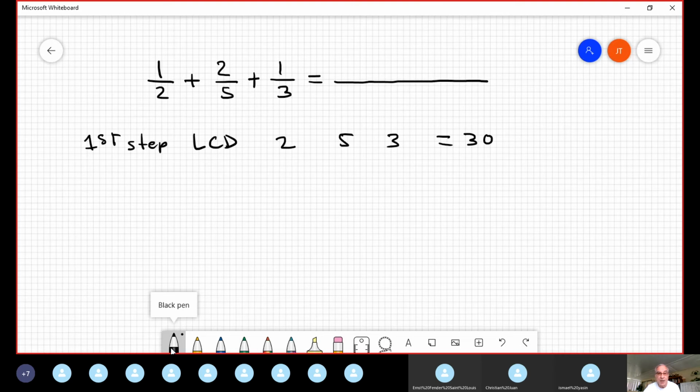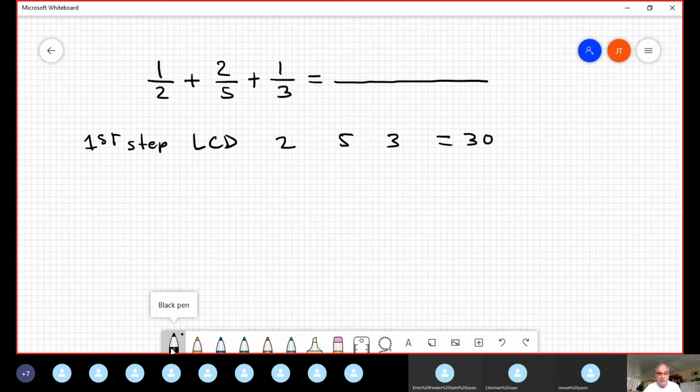And what is the formula? You take the least common denominator and divide by each denominator one by one. This is denominator 1, denominator 2, denominator 3.